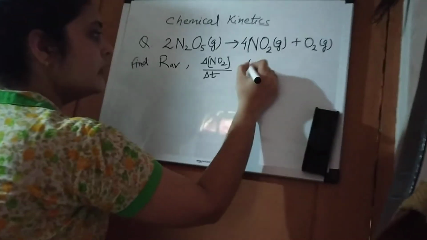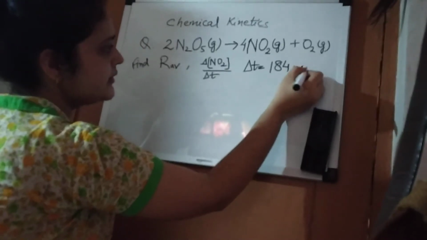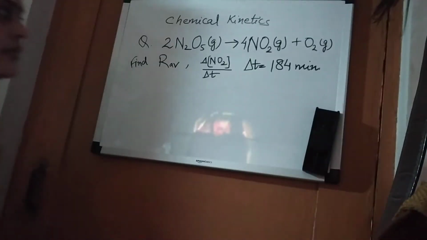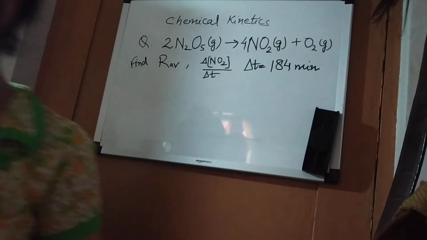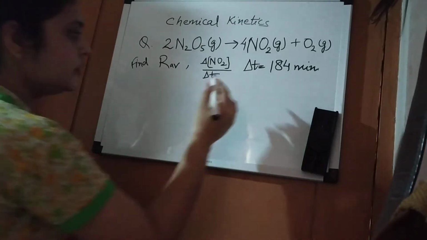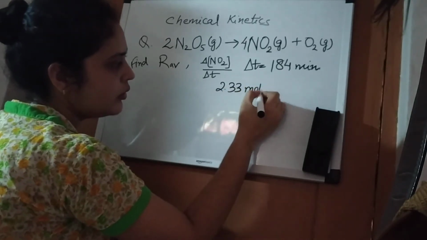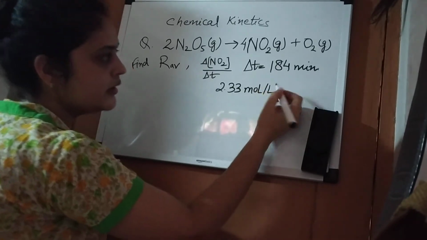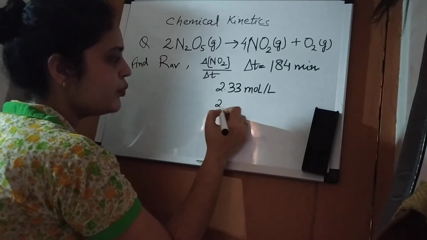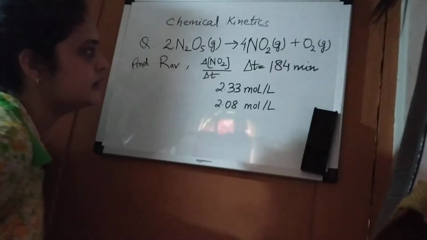You have been given that the change in time is 184 minutes, and the concentration of N2O5 is 2.33 mole per liter initially, and after 184 minutes it is 2.08 mole per liter.